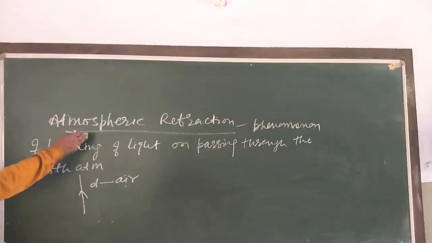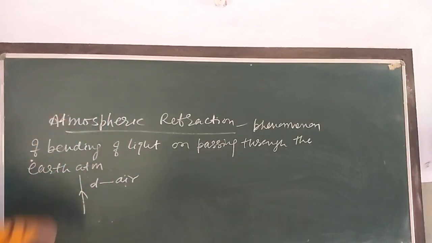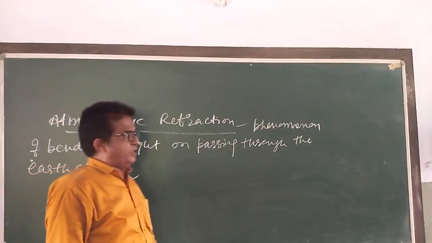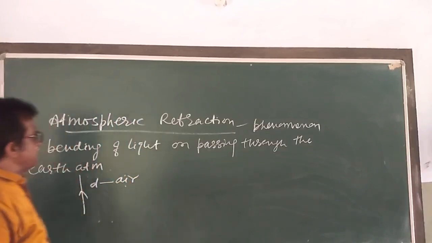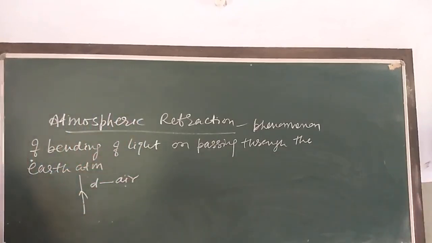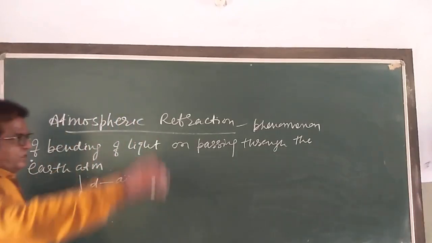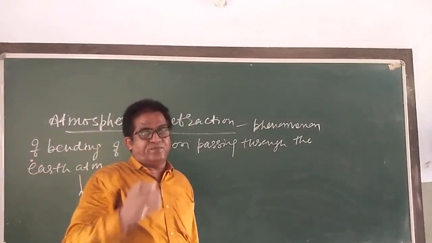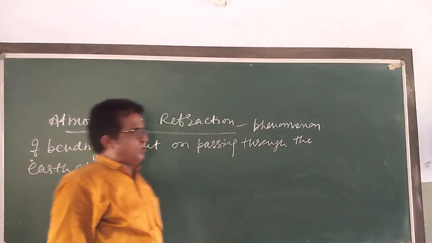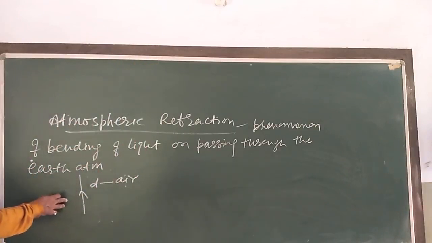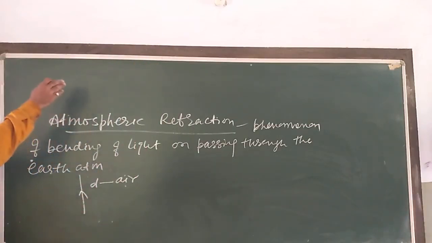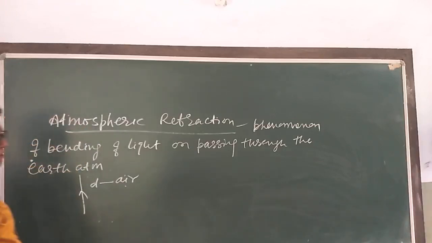So light coming from the stars and entering the earth's atmosphere passes from the rarer to the denser medium, so it suffers multiple refraction before reaching the surface of the earth.